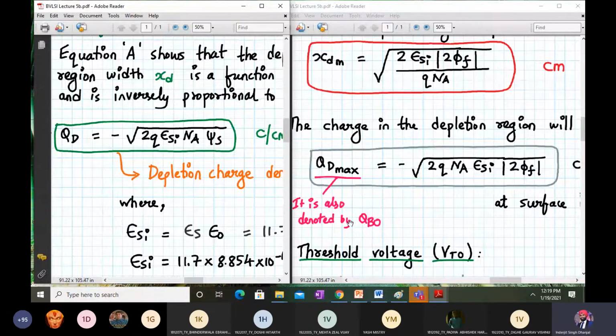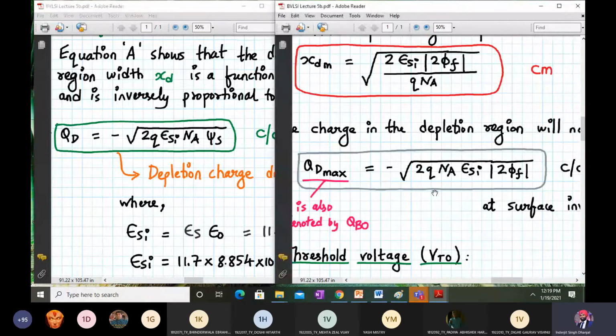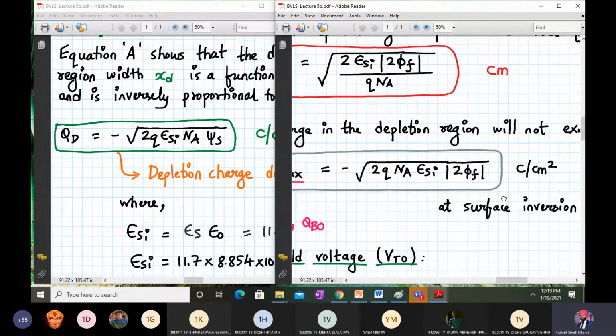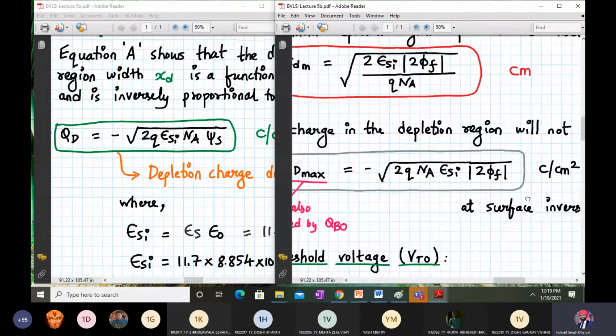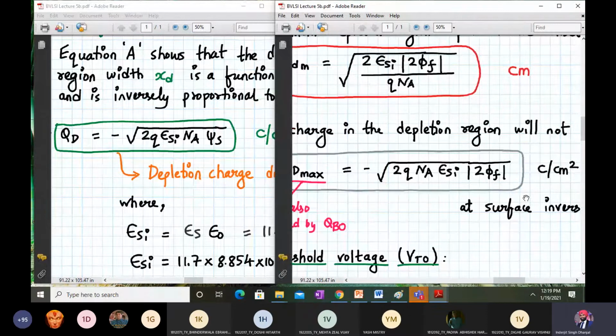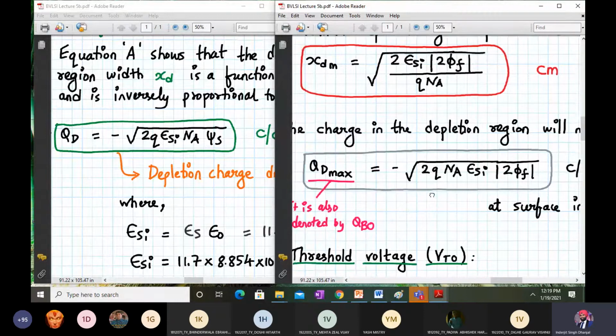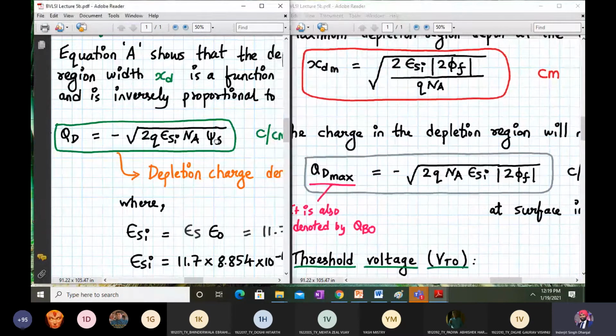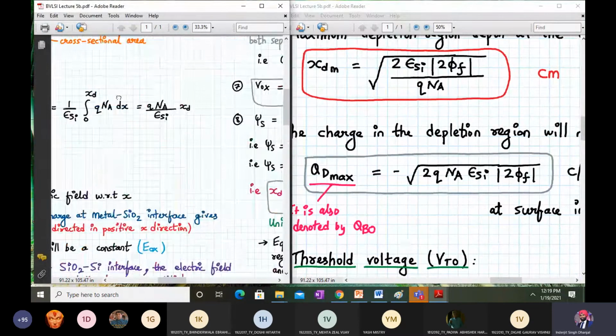I repeat, it's also denoted by QBO. QD max, or QBO, will be given by minus square root of 2 Q Na epsilon Si mod of twice phi f at surface inversion. The unit is coulomb per centimeter square, the charge in the depletion region at inversion condition.